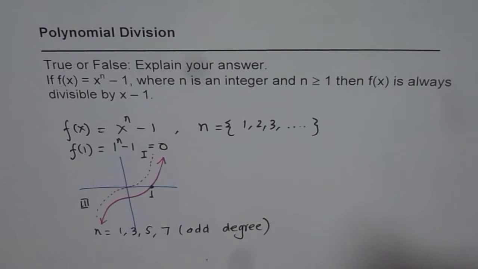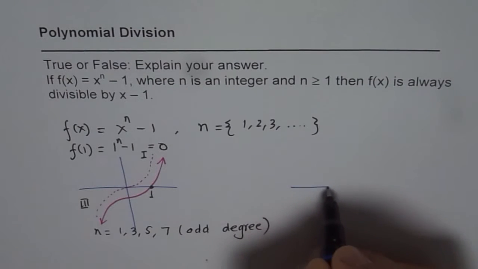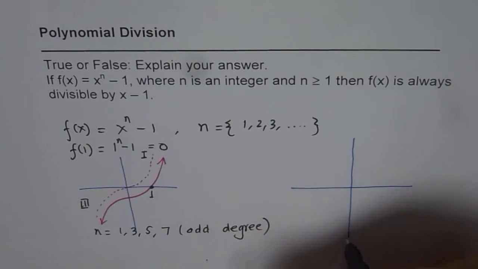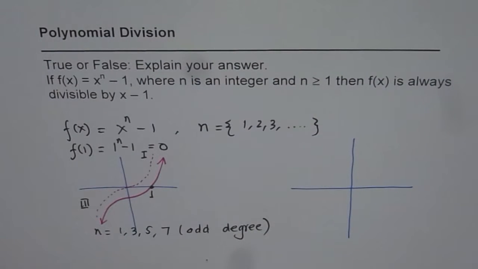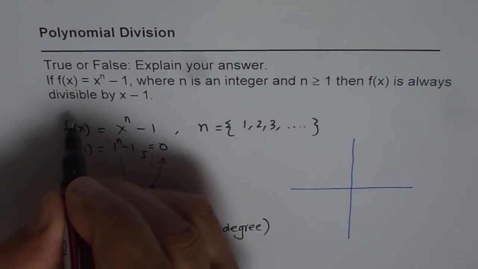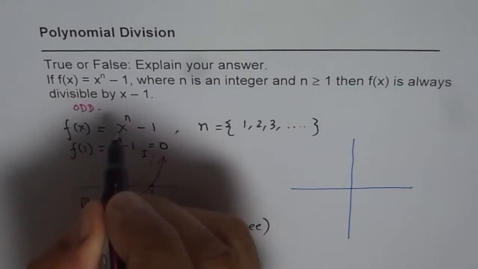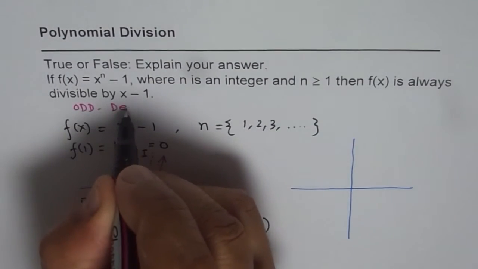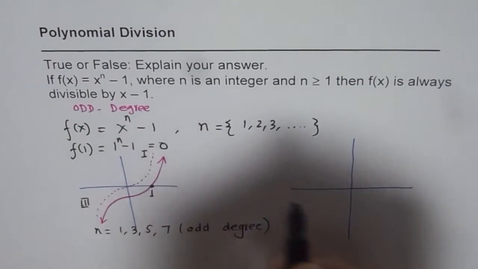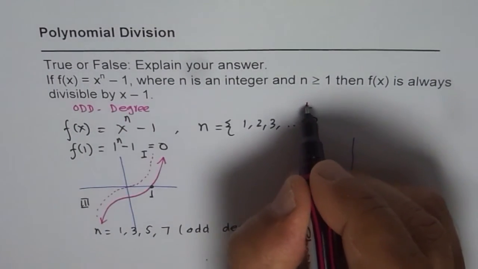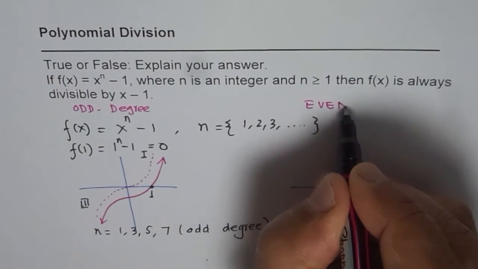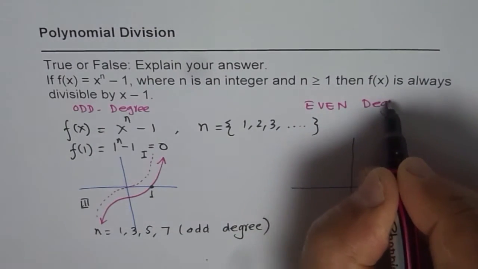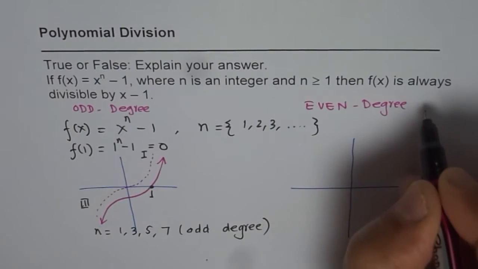Now let us take the second case when n is even degree, right? So let's see how the graph changes. The first case we took for odd degree. Now let us consider even degree, okay? So we are considering an even degree polynomial.